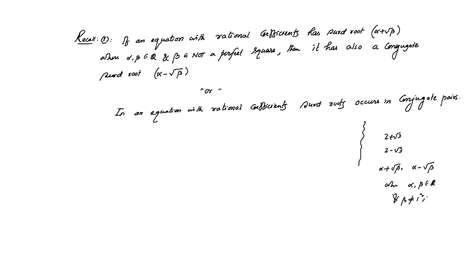So beta is not 1 square or 2 square or 3 square. In that case, this pair is called the conjugate surd roots pair.